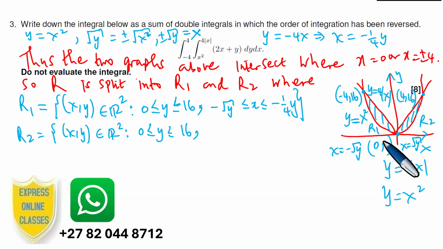So if your y is between 0 and 16, and what is your x? Okay. Is it positive square root y? Okay, that's a good question, because now we're describing this one here. Well, thank you so much for trying.